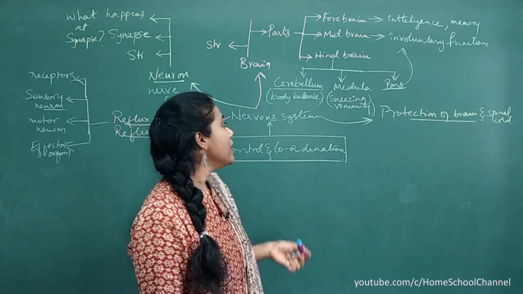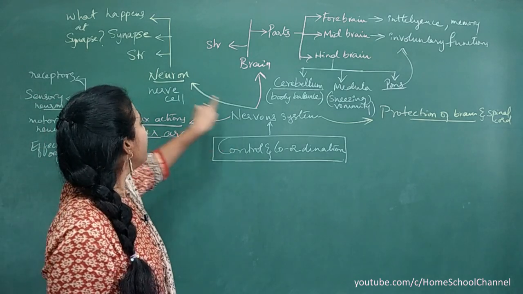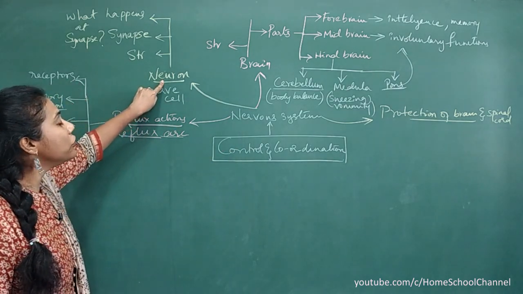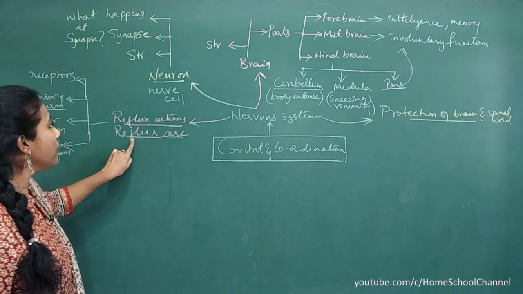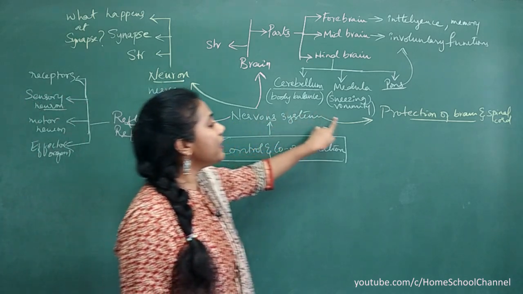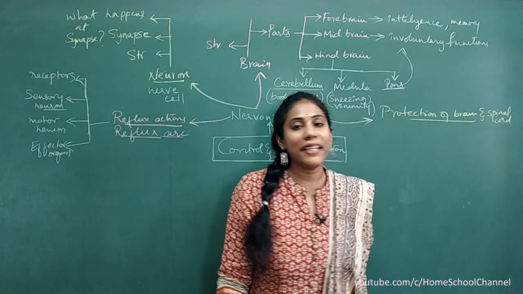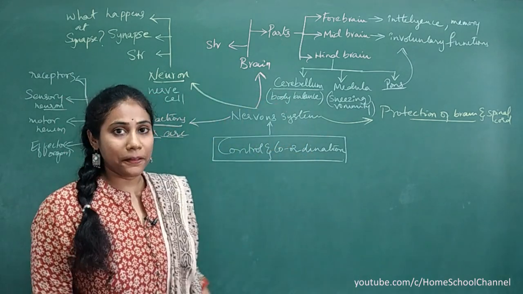So this is all about the nervous system that you have to know. The first part is knowing about neuron, the second part is knowing about brain, next knowing about reflex actions and reflex arc, and later knowing about protection of brain and spinal cord. So this is one part of a chapter.